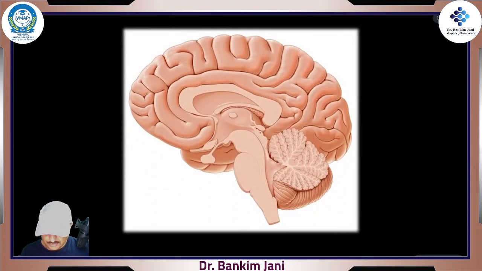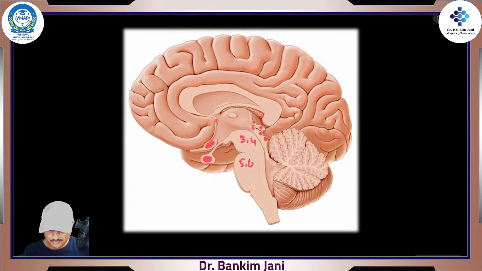Superior colliculus, inferior colliculus, clear. Quadrigeminal plate, this is the pineal gland. Then posterior commissure, habenular commissure, this is the anterior commissure. This one would be the optic chiasma, that is our pituitary gland, right? All good. Cranial nuclei number 3, number 4 would be for the midbrain, right?